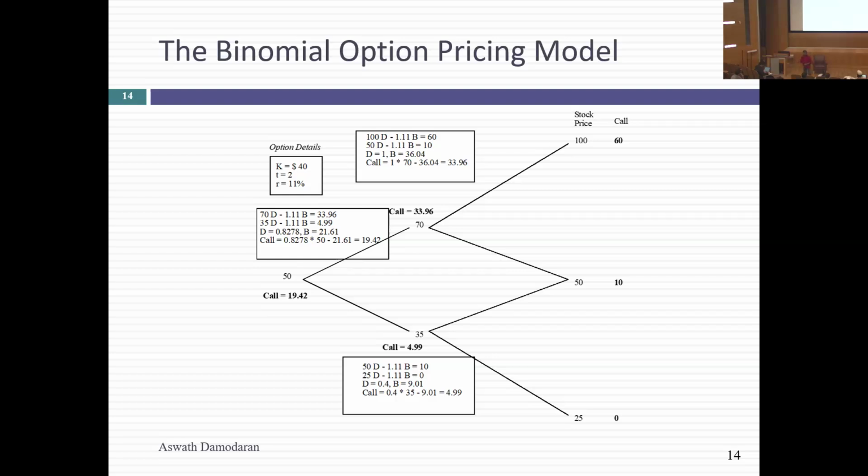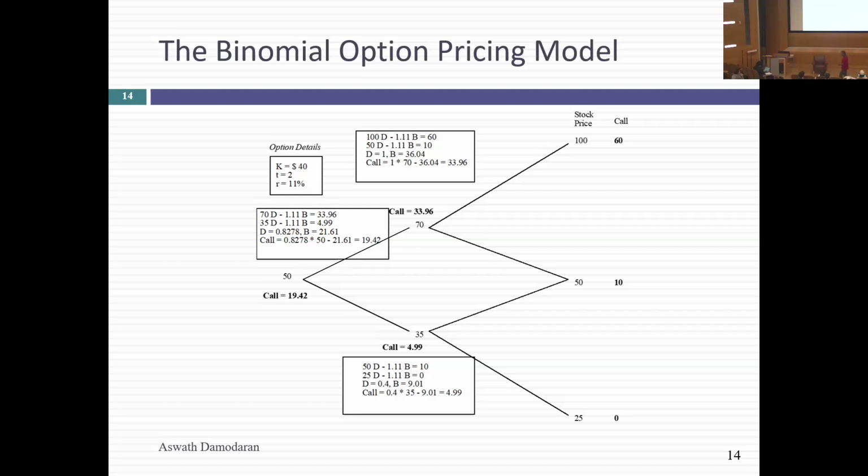If the stock goes to 50, you'll exercise again at 40, sell at 50, make 10. If the stock goes to 25, what do you do? It's a right, not an obligation. So you say, I wish I hadn't done that. You throw the option in the trash can, but your cash flow is going to be zero because you're not exercising the option. So those are the cash flows in the call.